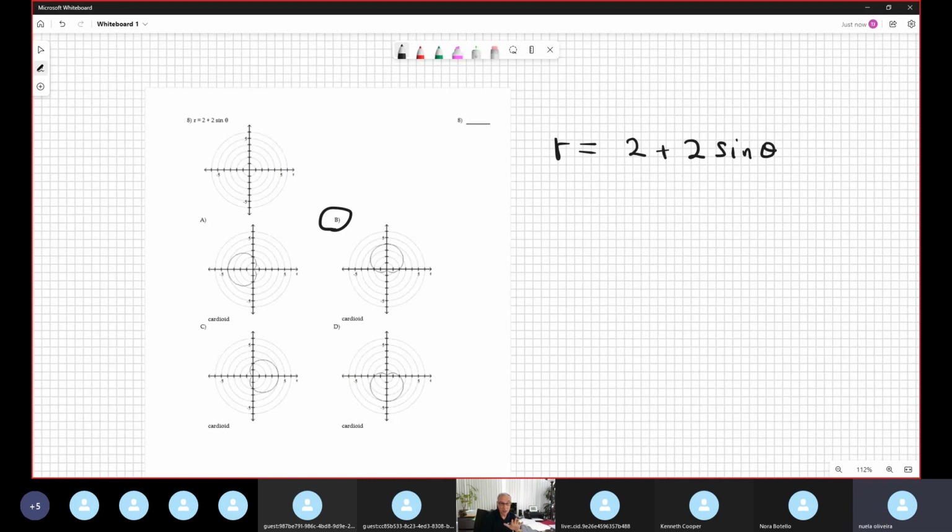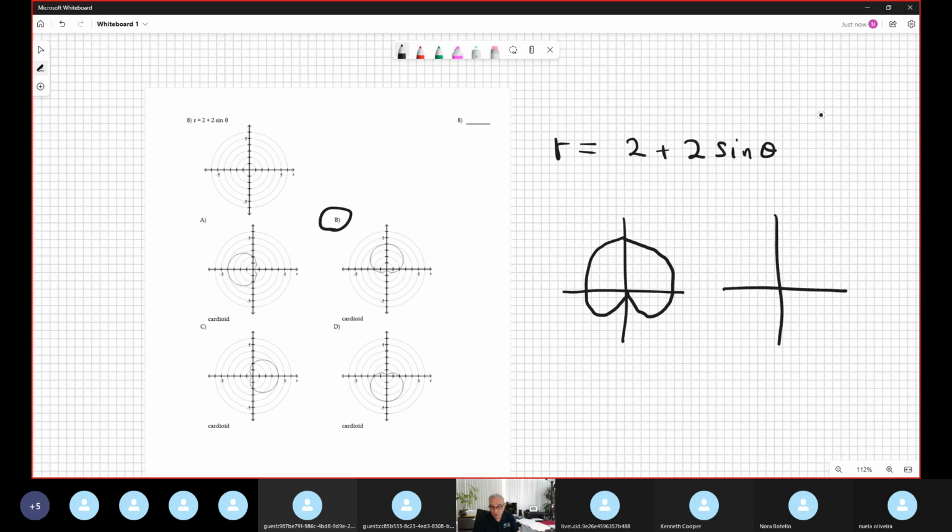I want to understand what is the difference between the limacon and the cardioid. I know the one touches and the other one doesn't touch. Cardioid, look, touches the origin. And limacon, no. But what about the inner loop, Professor? This is the one that I didn't understand.